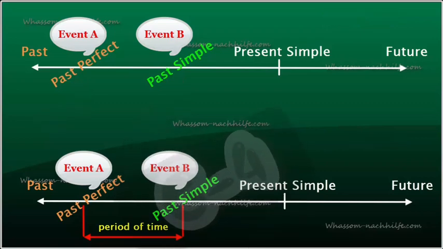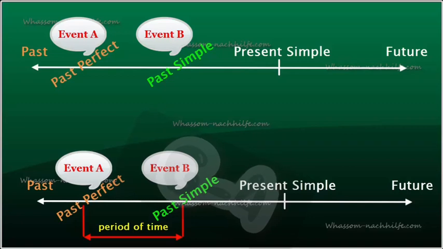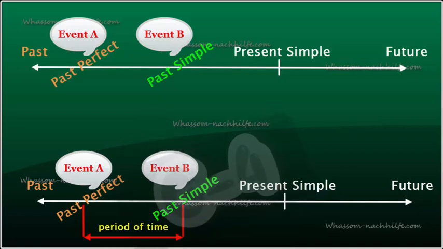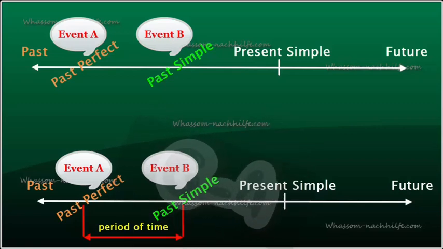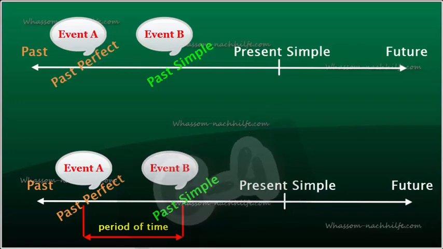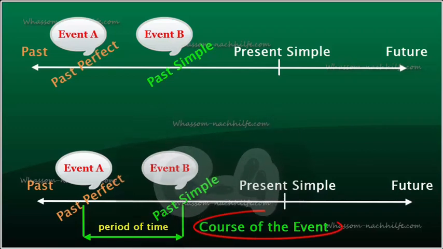In the other use, of course, the two events are still in order. But now we are not only talking about them singularly, we are counting the period of time or the duration between them. And of course, this simply means that using the past perfect, the course of the event is also taken into account.